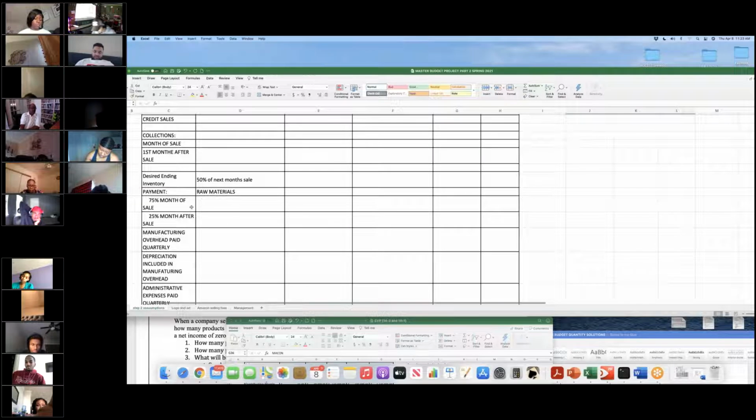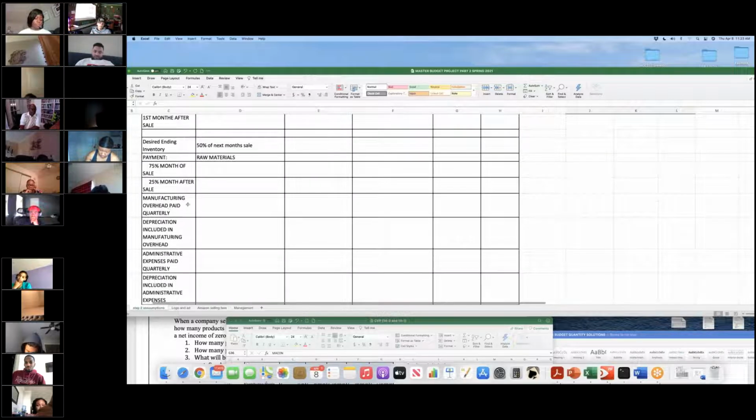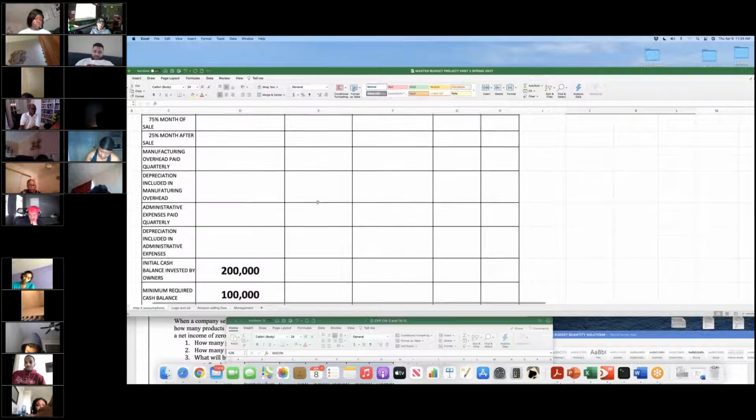Payment for your raw materials, you use these numbers, 75% the month of sale, 25% the month after. Manufacturing overhead, you're just going to get that total number and divide by 4. You're going to do the same thing with depreciation, and for all your fixed expenses. Administrative expenses, you divide by 4, and the depreciation.